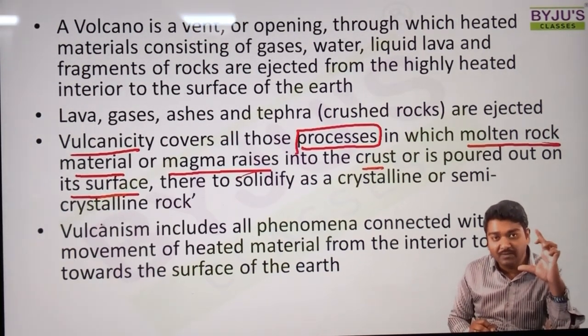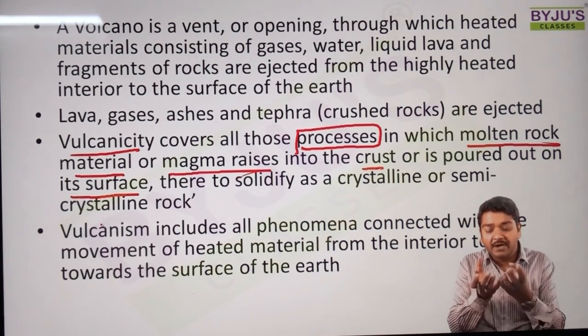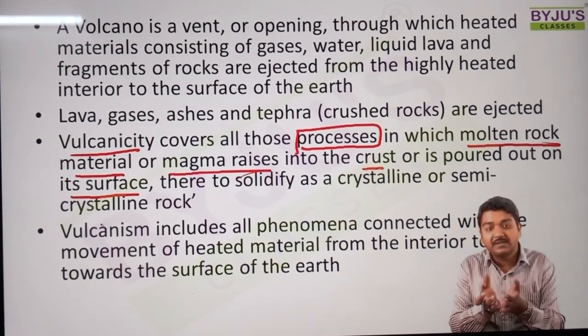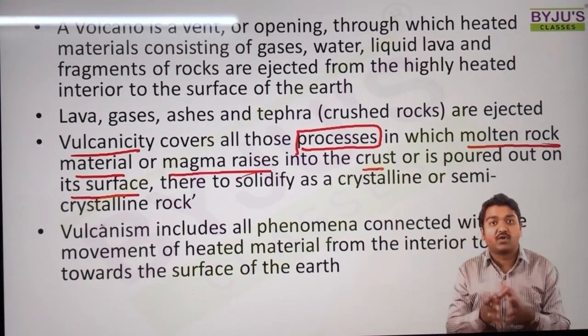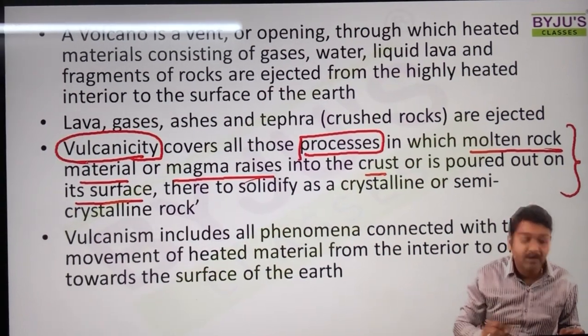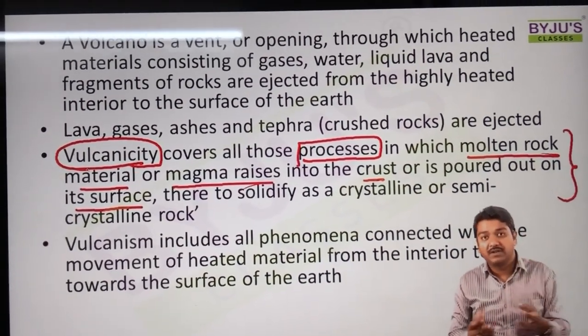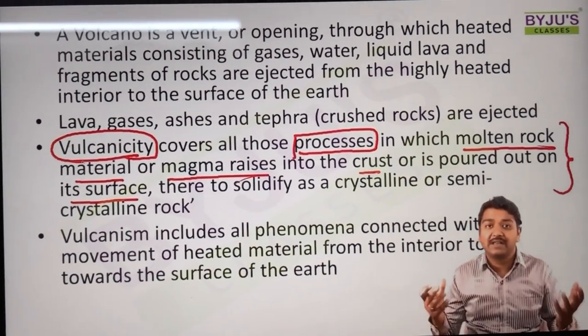So vulcanicity means magma temperature increasing, it becoming less viscous, coming out, pouring out as lava, solidifying as rock. All this is known as vulcanicity. So vulcanicity includes liquefying and magma coming out and pouring as lava.